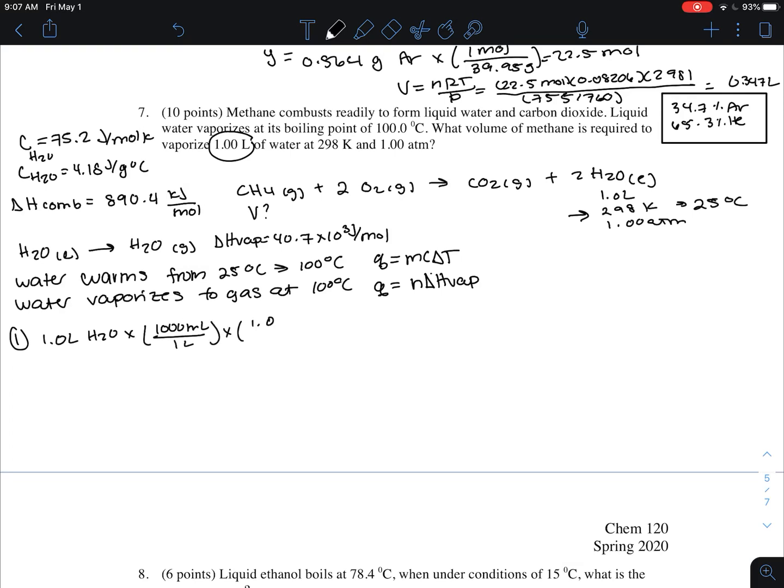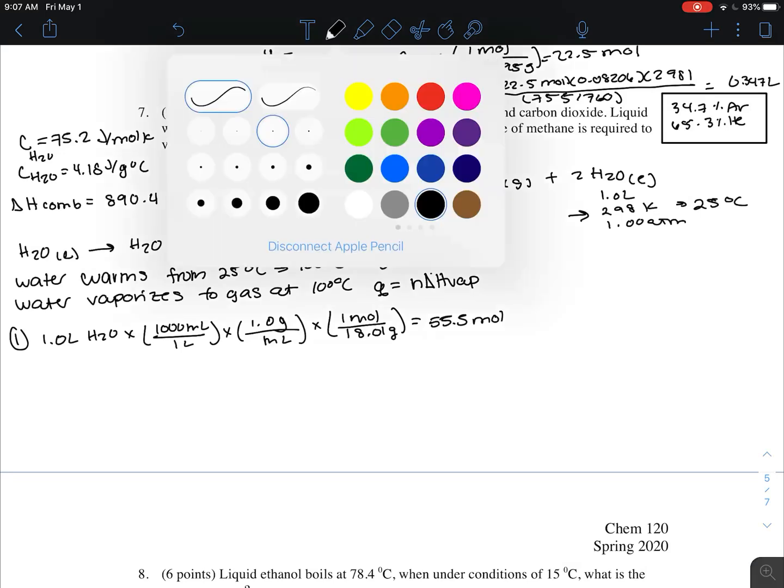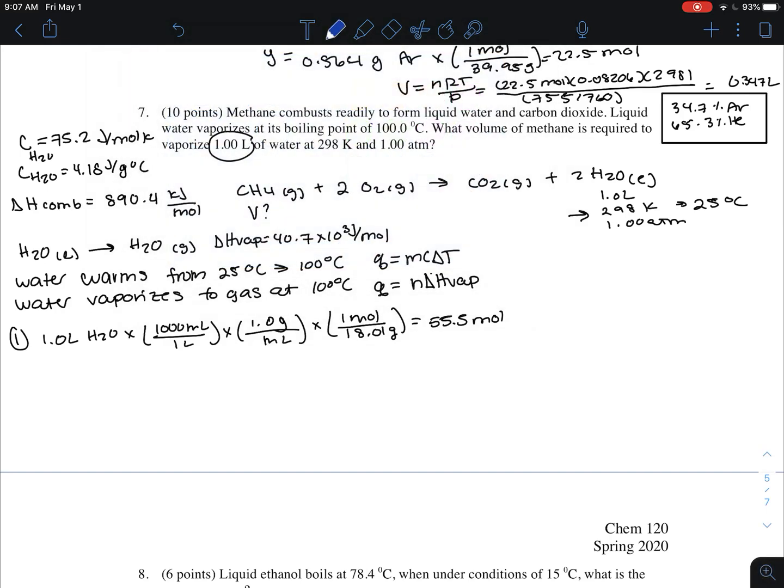So since I have 1 liter of water, I know that that is 1,000 milliliters. And I know the density of water is 1 gram per milliliter. And then the molar mass is 1 mole over 18.01 grams, which then gives me 55.5 moles.